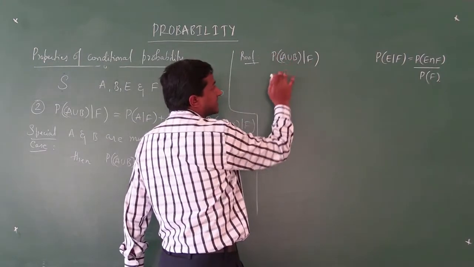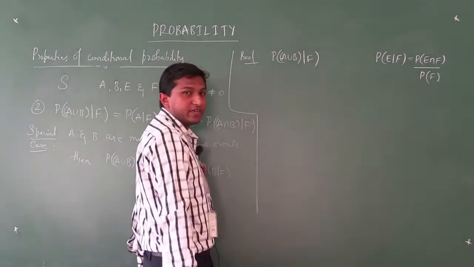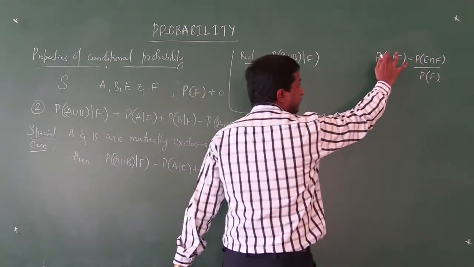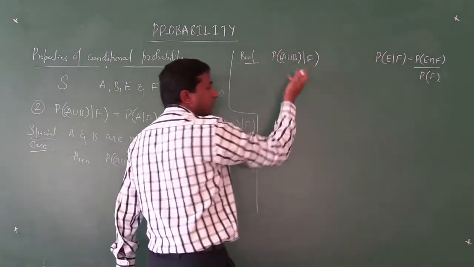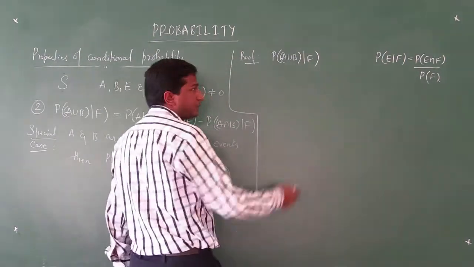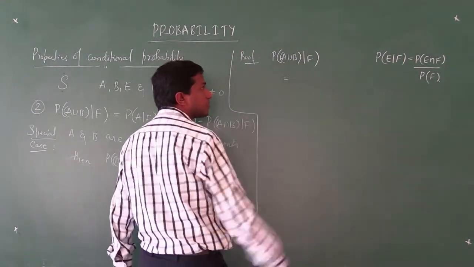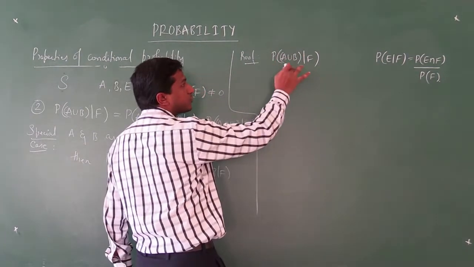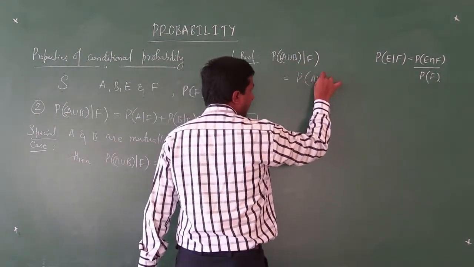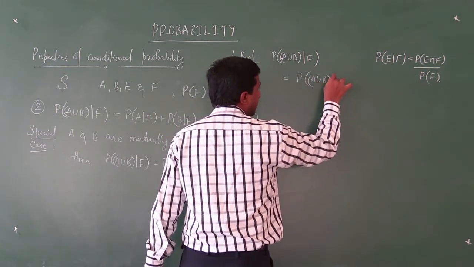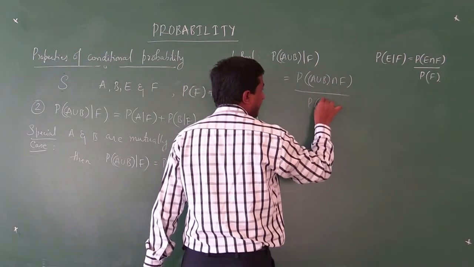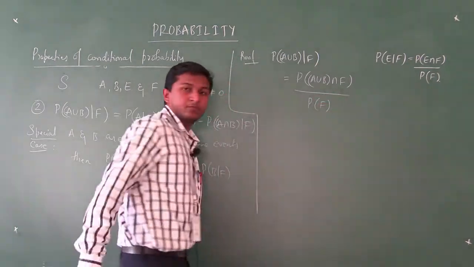But look at this. What is there in the place of E? We have A union B. So the only difference is in the place of E, we have A union B, and in the place of F, we have F. So by definition of conditional probability, what happens to this? We have P of (A union B) intersection F whole divided by P of F, right?